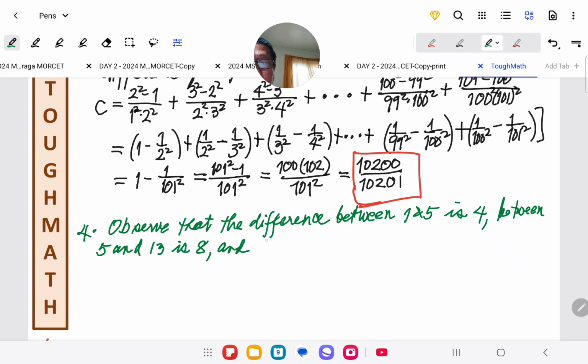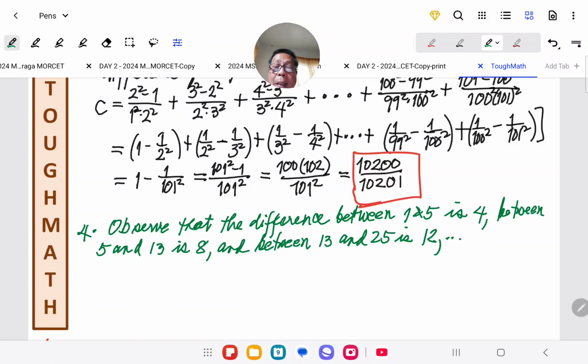and between 13 and 25 is 12, okay, and so on.